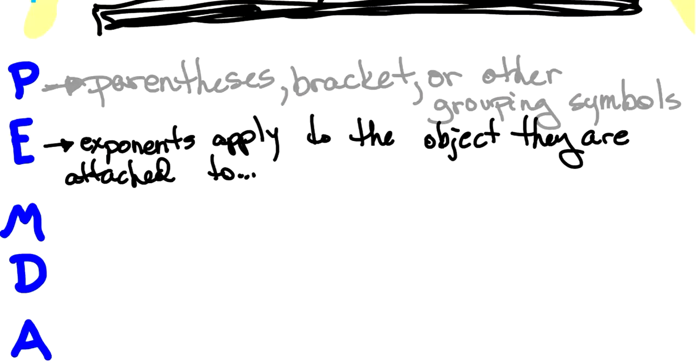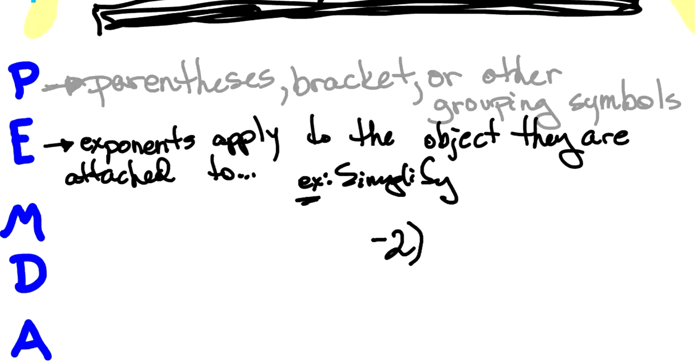To illustrate this, I'm going to give you this example, and I'm just going to tell you, simplify this. Let's have -2, and I'm going to raise that to the 4th power with parentheses. So -2 in parentheses raised to the 4th power.